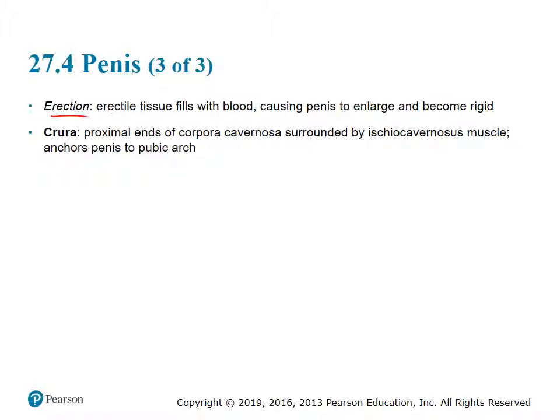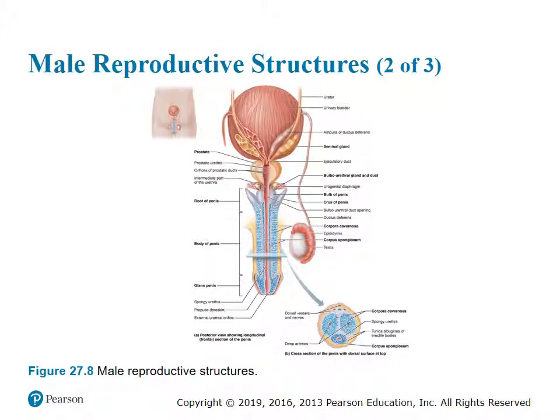So speaking of an erection, right, it's erectile tissue that fills with blood, causes the penis to enlarge, becomes rigid. And so we see here, it's hard to see at the very end here, but I want to show you the corpus spongiosum here, and it's right in this dark blue color immediately surrounding the urethra, and hopefully you can see that, and then expands into the glans penis or the head of the penis.